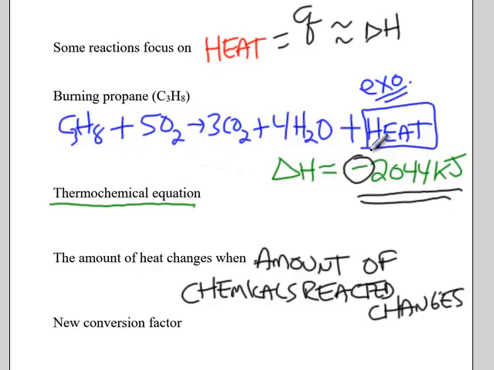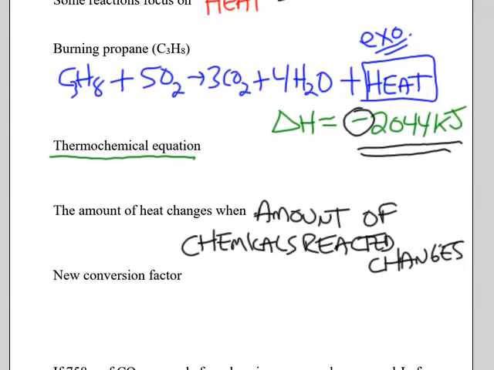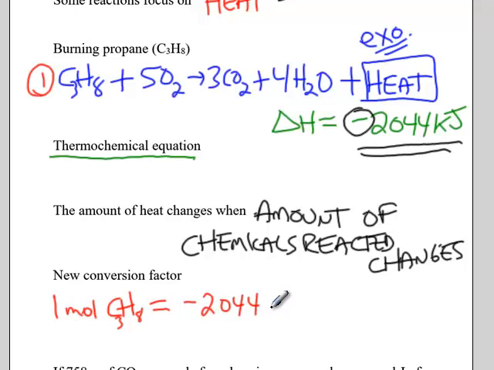And the key conversion factor that we're going to use is the number of moles from the thermochemical equation matches up with the delta H. So for example, the coefficient on propane is a 1 in this balanced equation. 1 mole of propane would release 2044 kilojoules of heat.